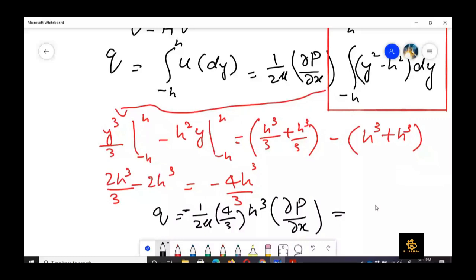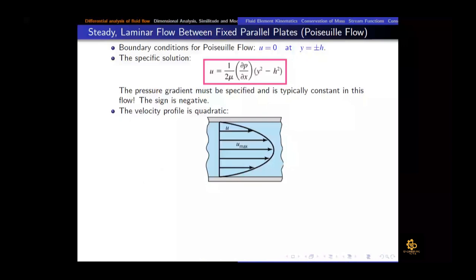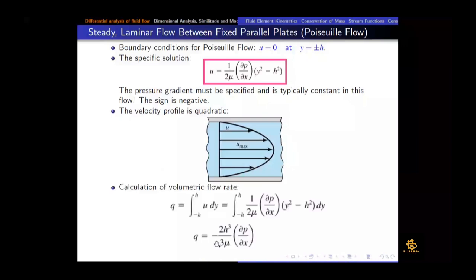So if I simplify it, I can write minus 2 by 3 mu h cube partial p by partial x. Right. So this is the relation which is derived here, minus 2 by 3 h cube divided by mu into partial p by partial x.